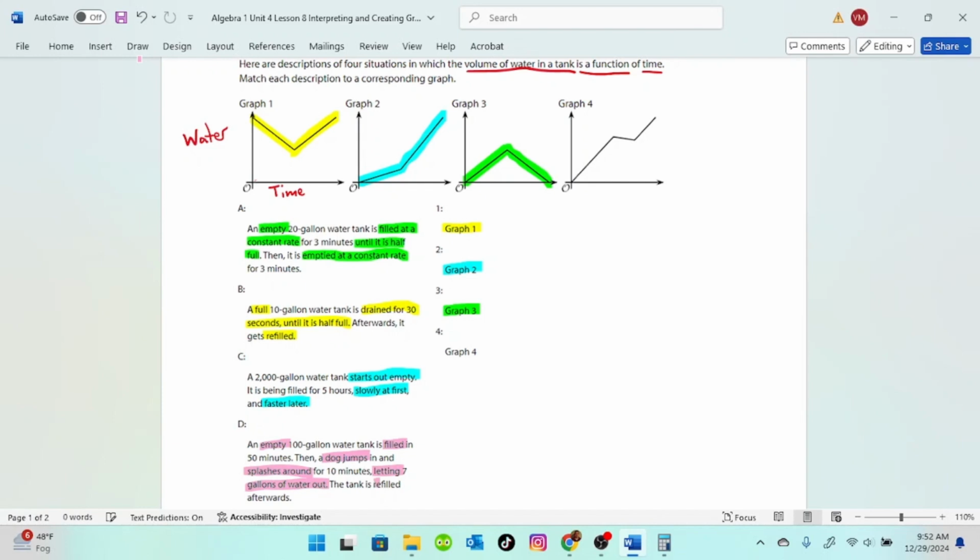The tank is refilled afterwards. So if you look at graph 4, you can see that this empty tank is being filled. Then the dog splashes around and lets out a little bit of the water, and then it finishes being filled. So description D matches graph 4.